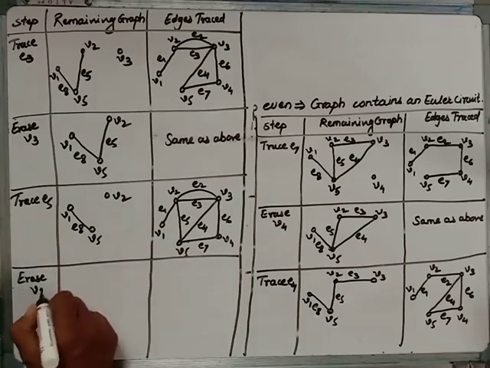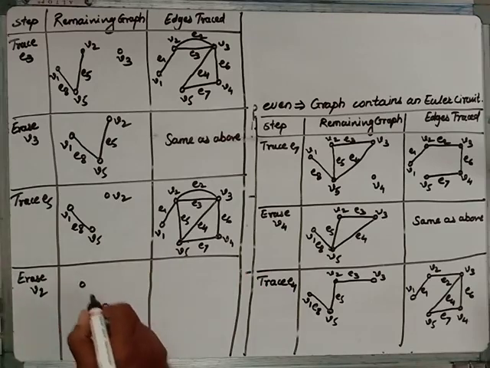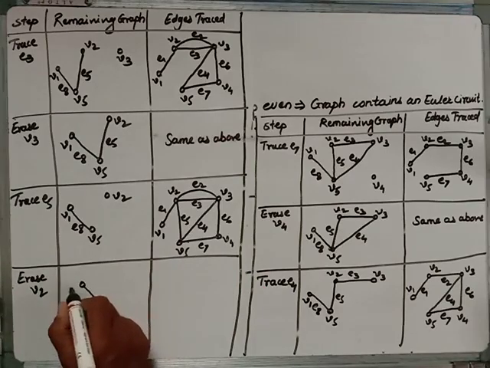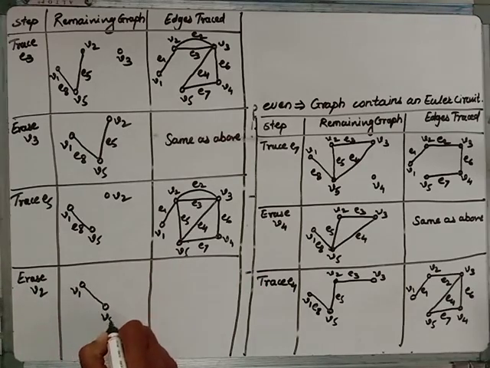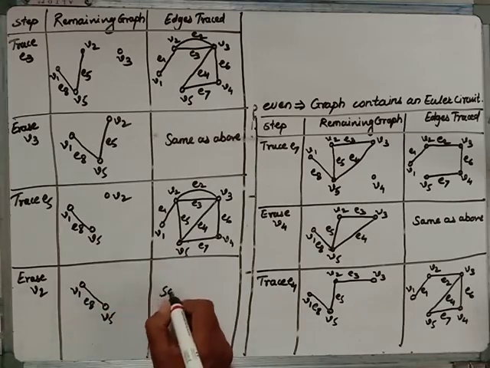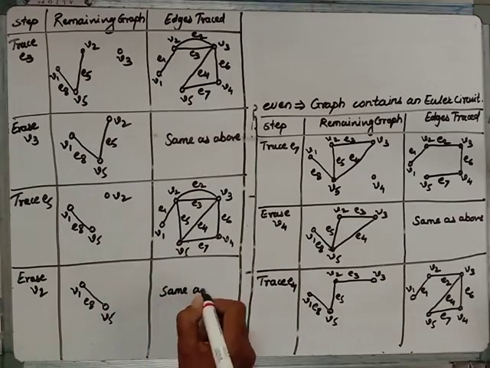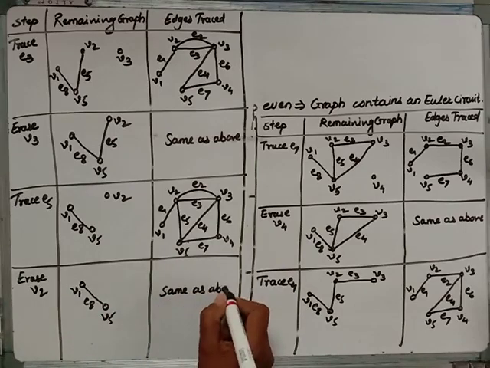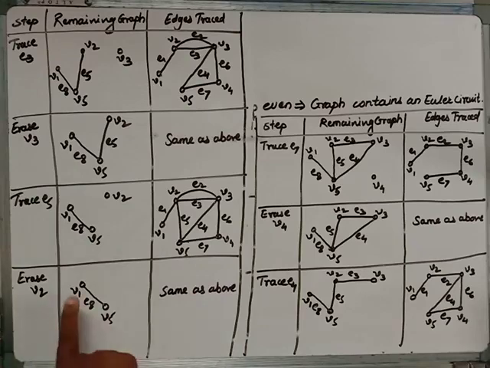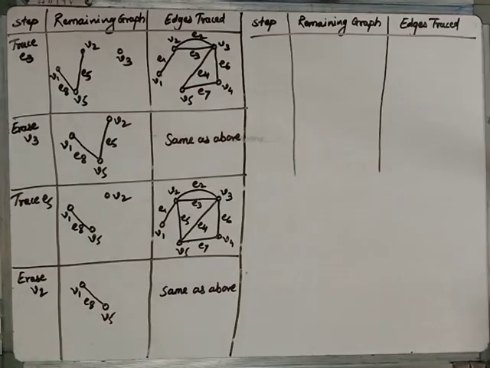Erasing V2, we get simply V1, V5 and the edge E8. This is same as above.